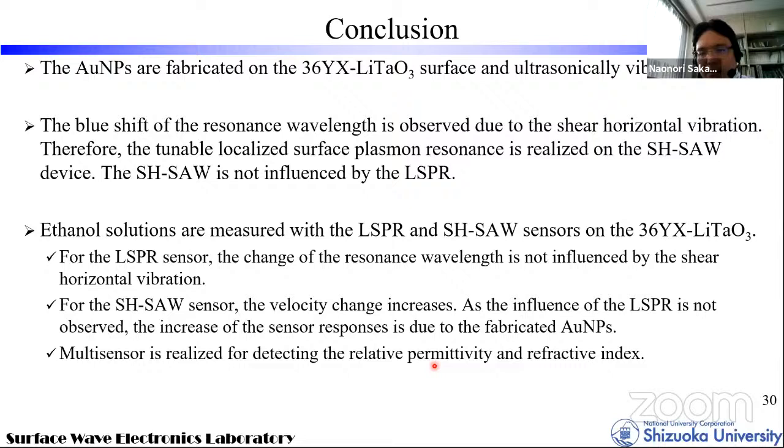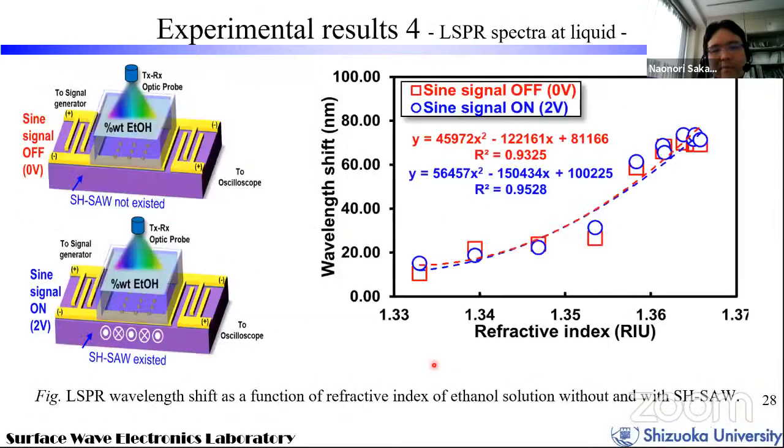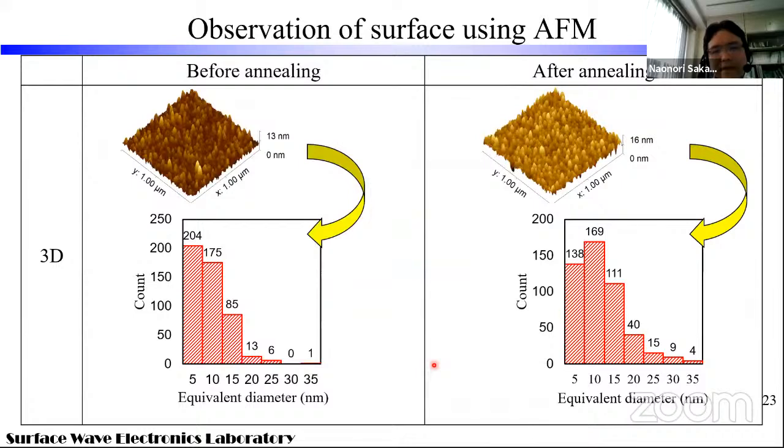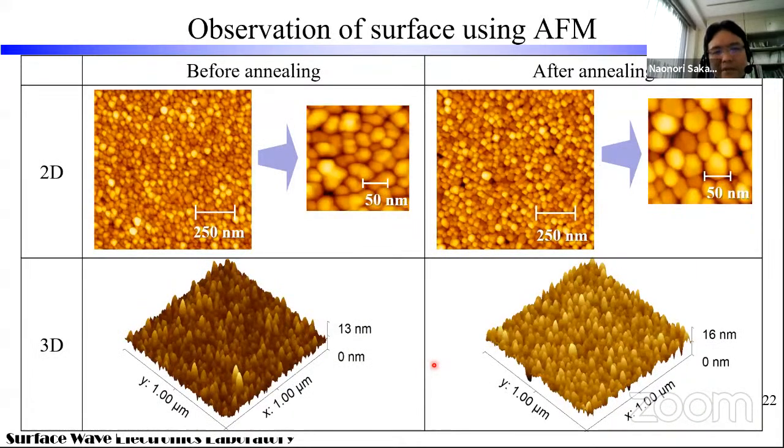If not, then I would like to ask a little bit. I'm very much interested in your work. First, from the AFM mapping, the AFM image of the gold surface, after the annealing, the particle became larger.